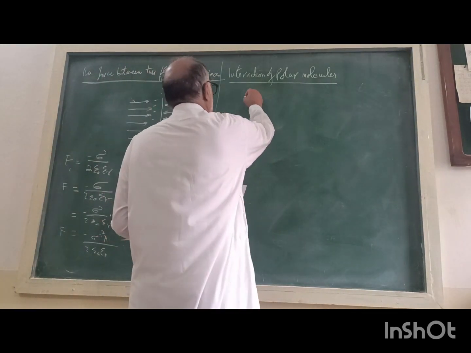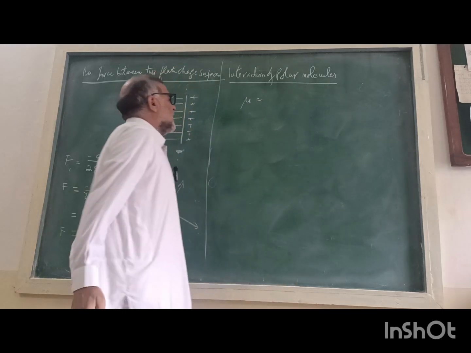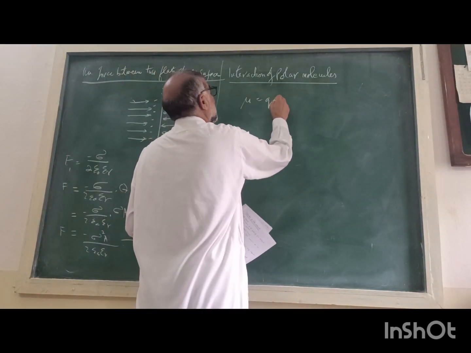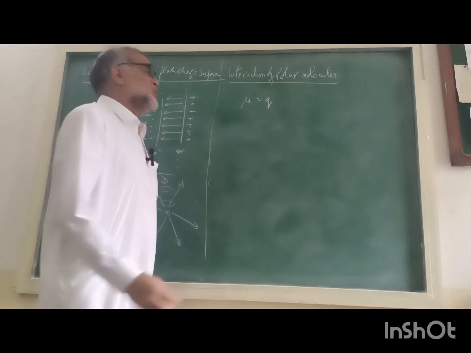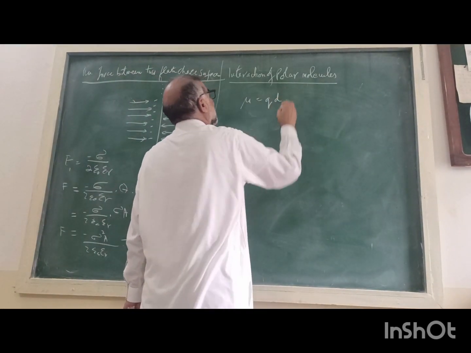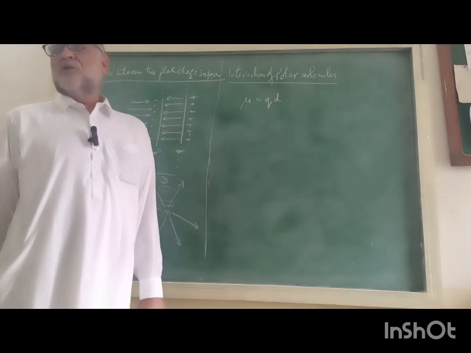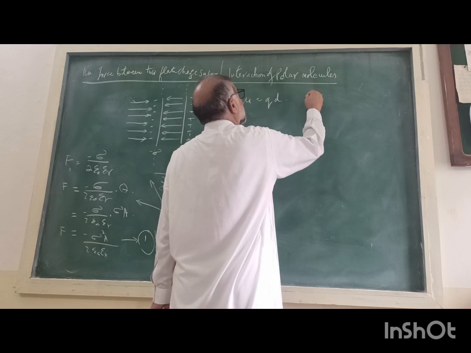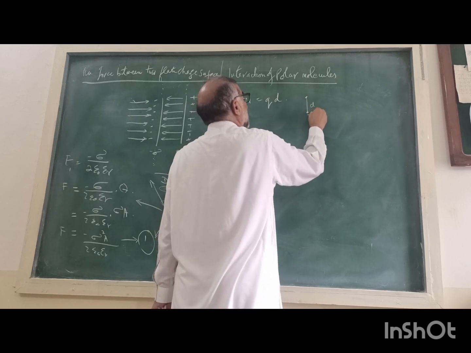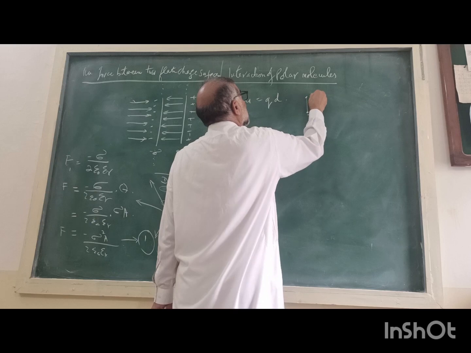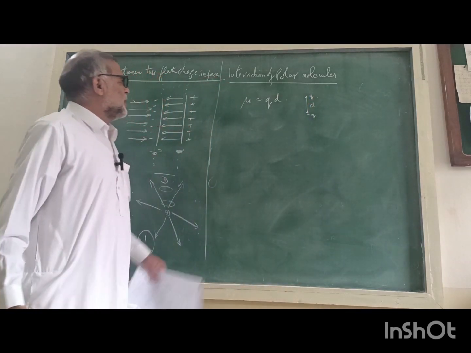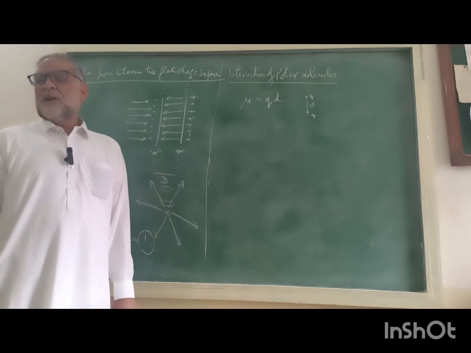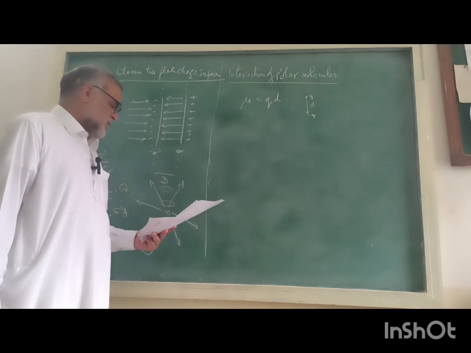For mathematical purposes, we say it is the distance between two charges multiplied by the amount of a single charge. When two charges, minus q and plus q, are separated by some distance, the dipole moment is defined by the separation multiplied by the amount of a single charge.